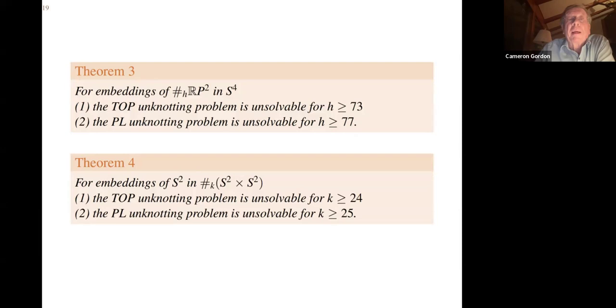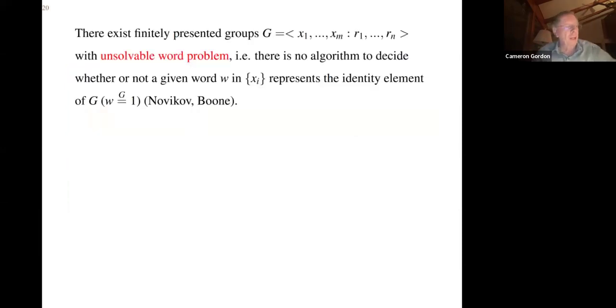So let me say a little bit about that. This is the famous Novikov-Boone theorem that there exist finitely presented groups G, with a certain number of generators and a finite number of relators, with unsolvable word problem.